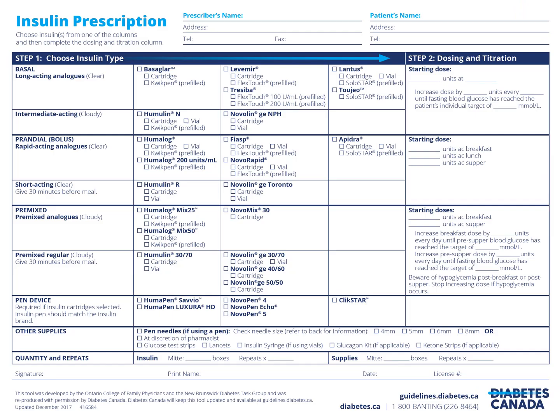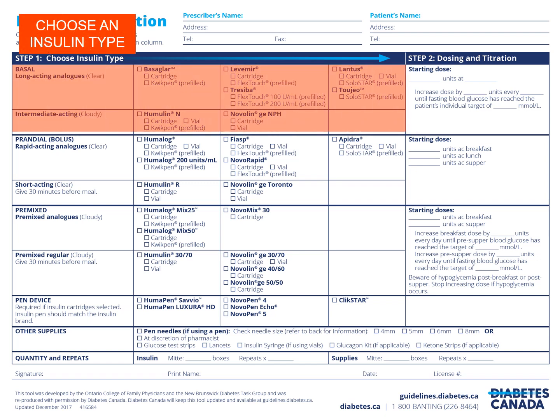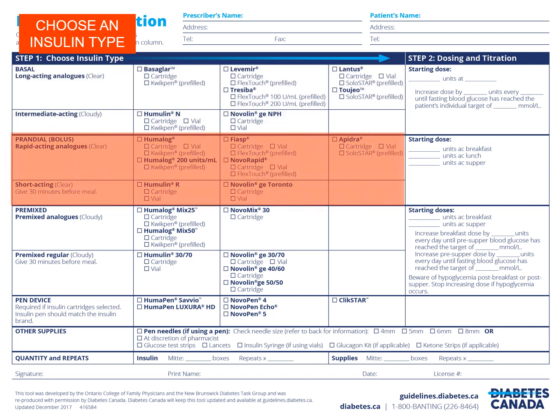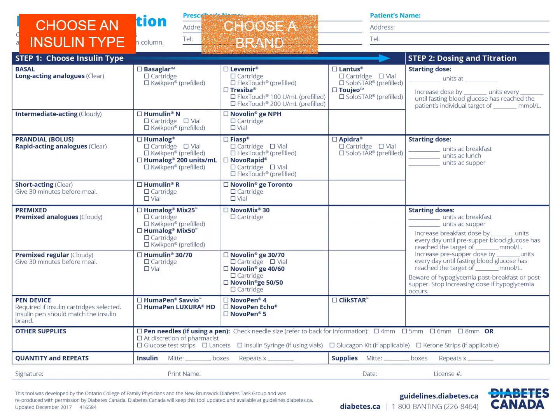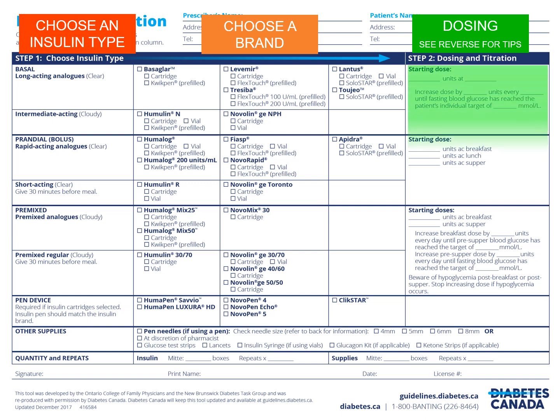This popular insulin prescription tool has been updated on the Diabetes Canada Guidelines website. In the first step, you choose an insulin type, including basal, prandial or bolus insulin, or premixed insulin. You then choose a brand. In the next step, you select a starting dose and titration instructions for the patient.